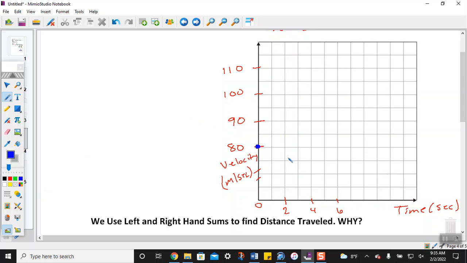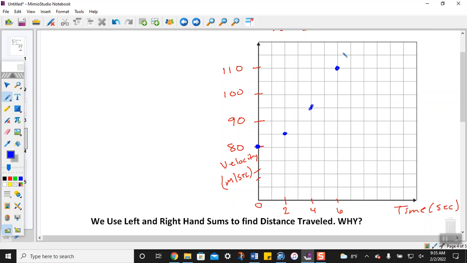Okay, and then at time 2, where were we at? 85. So that'd be right about here, wouldn't it? Time 4? Was it 95? Yeah. So time 4 will be 95 here, and time 6 is about, what was it, 110?